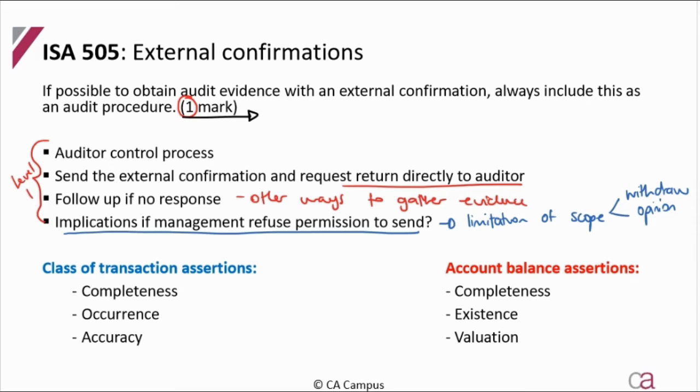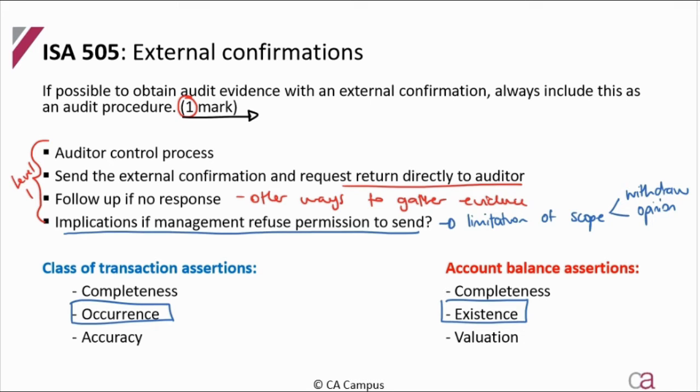For the accuracy of a transaction or the valuation of an account balance, we could get an external confirmation. So just to understand, the most common is going to be for the existence and the occurrence of a transaction, because what you're doing is you can see that it's been recorded in the accounting records, and now you're going to confirm with that party whether it does actually exist or it did actually occur. So it's the most common.